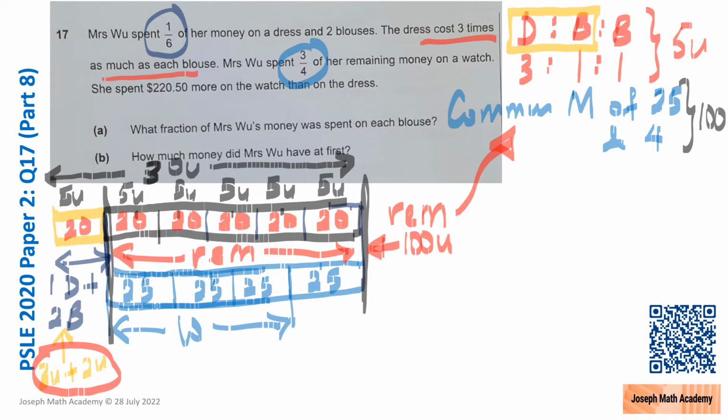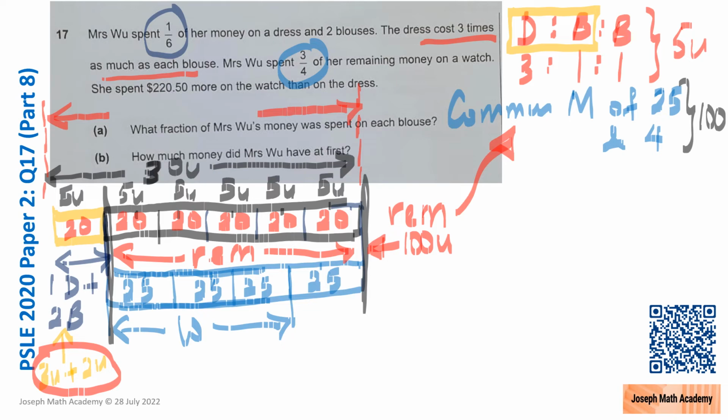So from here we can conclude that Mrs. Wu's original amount of money, I'm going to draw it up here because of lack of space. So Mrs. Wu's original amount of money is now 25, sorry, it's now 5, it's okay. How many 20s are there from the black and yellow bar?